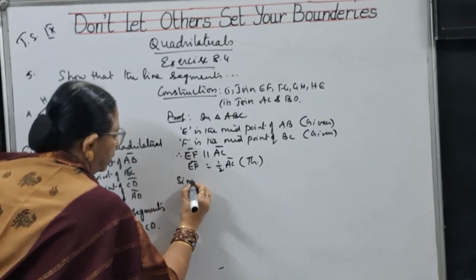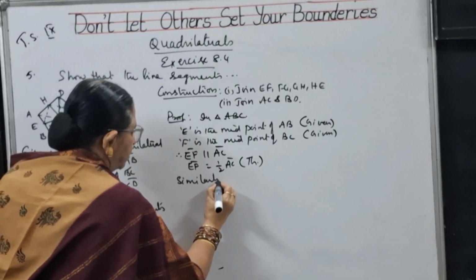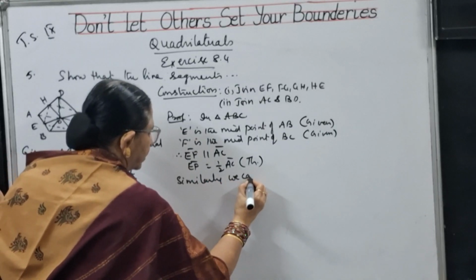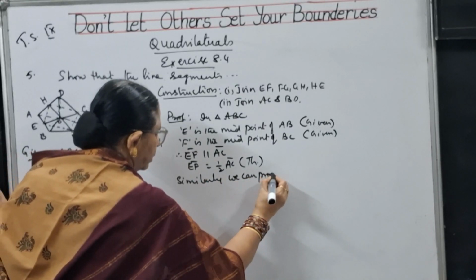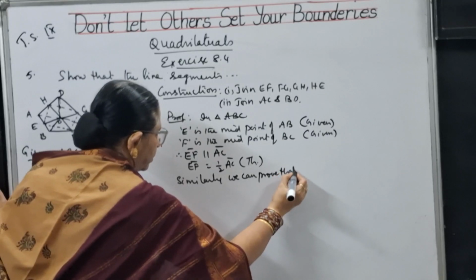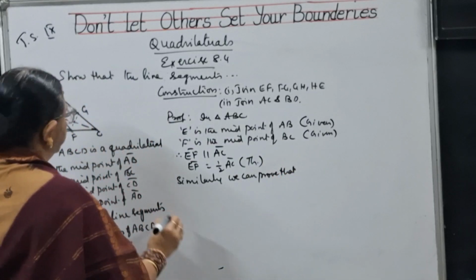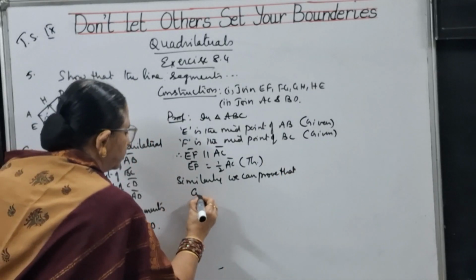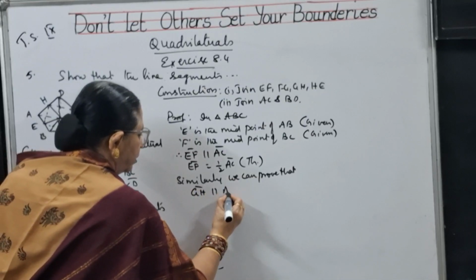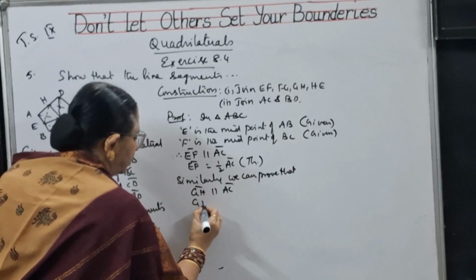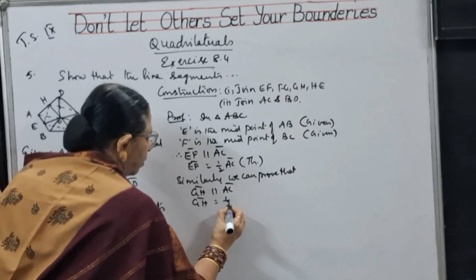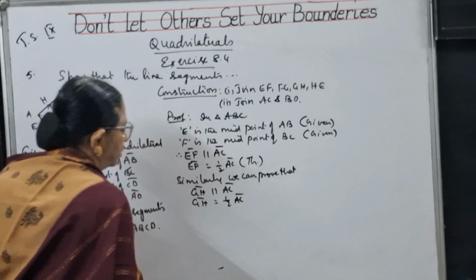Similarly, we can prove that GH is parallel to AC and GH is half of AC.